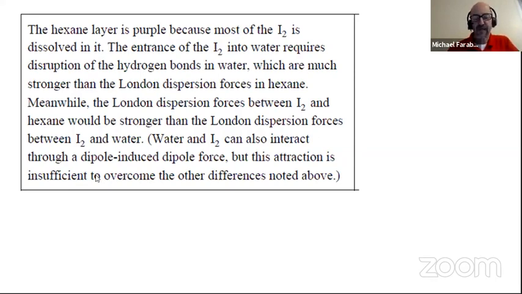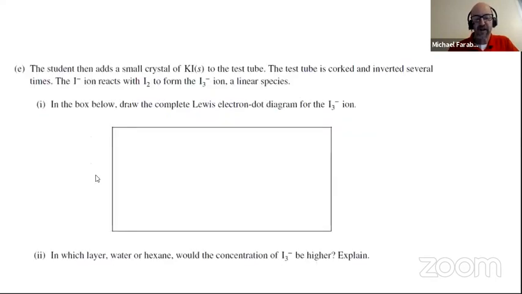All right, there was also a Lewis electron dot structure you had to draw here for the I3 negative ion. It says the student adds a small crystal of potassium iodide to the test tube. The test tube is corked and inverted several times, and the I3 minus is formed. And it's a linear species.